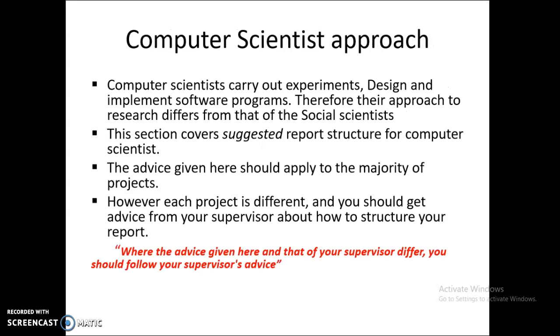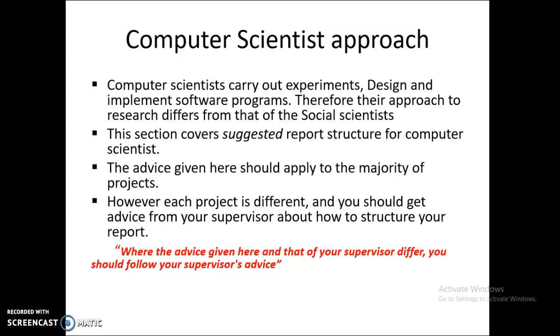But the computer scientists, they go far, they exceed that. Their interests are in carrying out experiments. They do designs and implementations of software products and programs. So therefore their approach quite differs from that of social scientists.